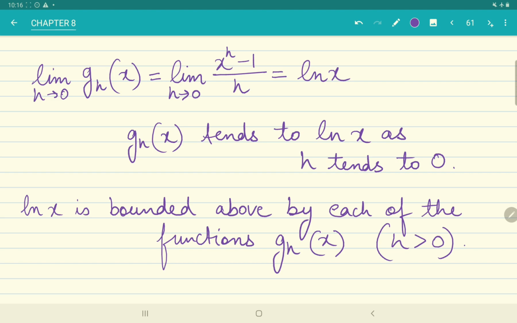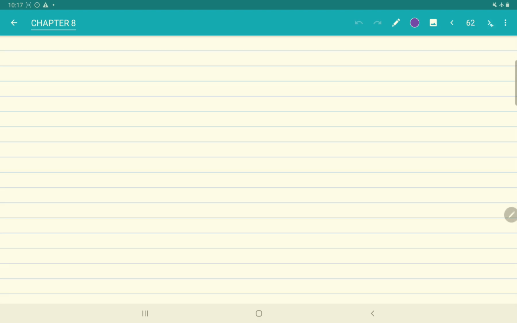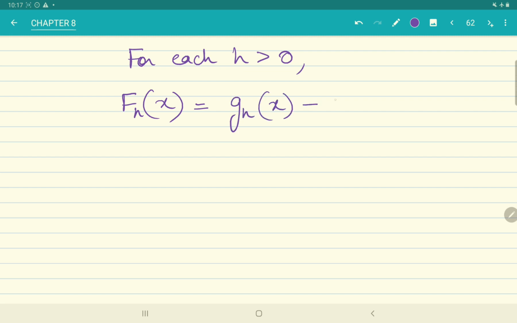So just to understand this, just to show how that is possible, and we are going to take up the figure also. For that, again, let's consider for each h greater than 0, we take up this function f h of x, and we define this in this manner: g h of x minus ln x. We want to show that g h of x tends to ln x as h tends to 0.